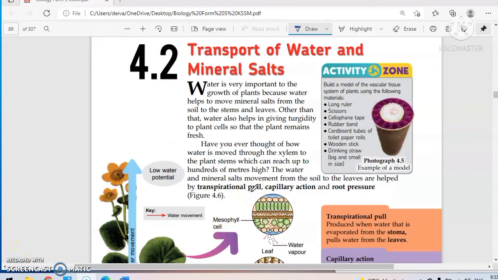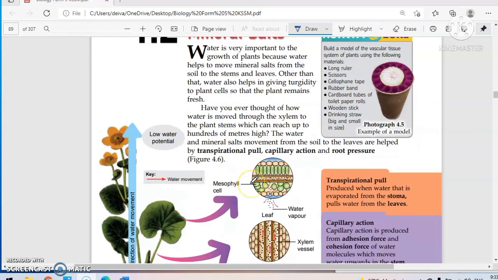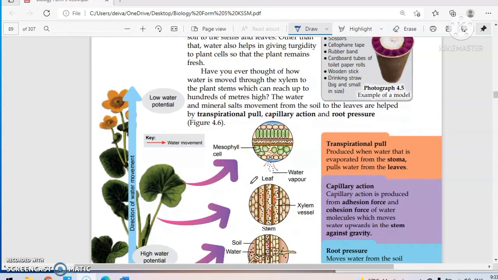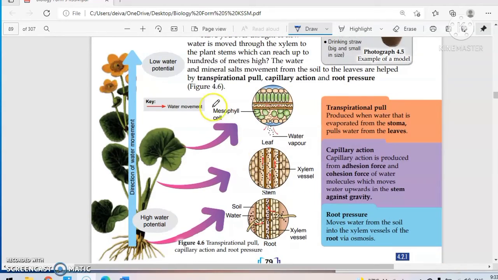Okay, now we see how water and mineral salt are transported through the plants. They have 3 methods to help, that is transpiration pull, capillary action, and root pressure.